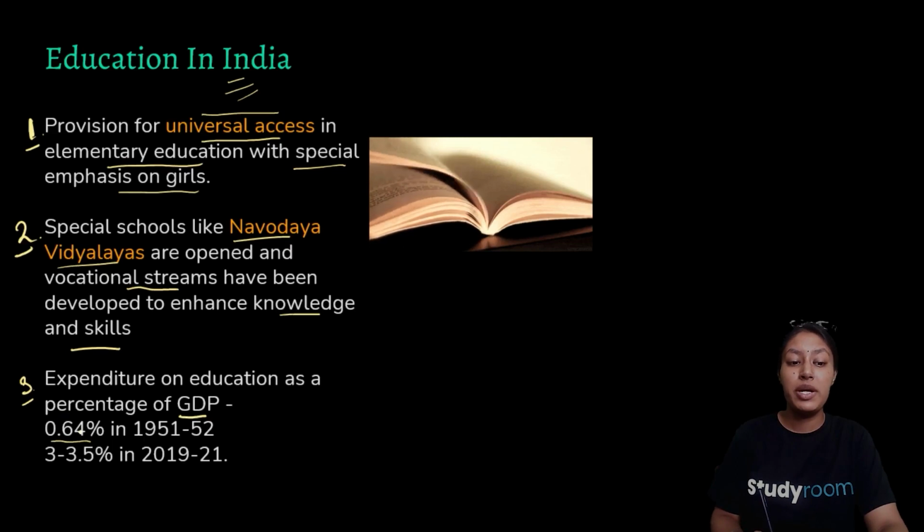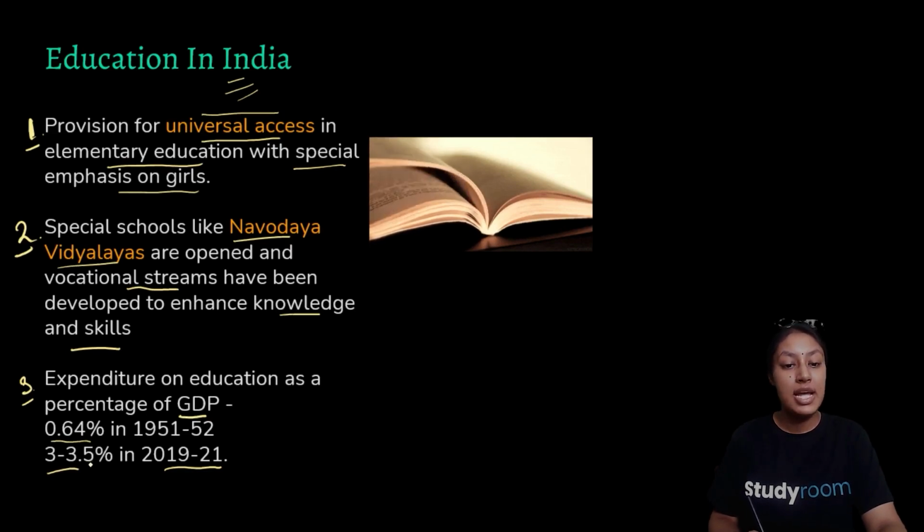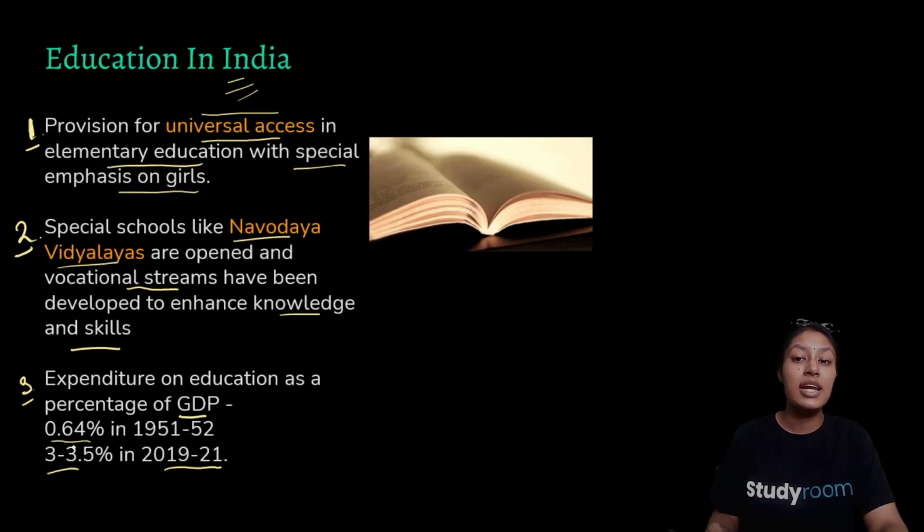Hence, the expenditure was less. But the situation has changed now. In terms of today's expenditure, it has come to 3 to 3.5% on education. It means that governments are becoming more aware and understanding the importance of educating the population.